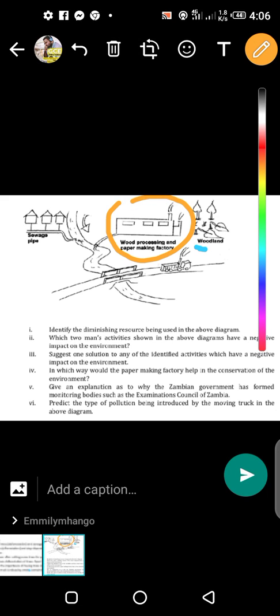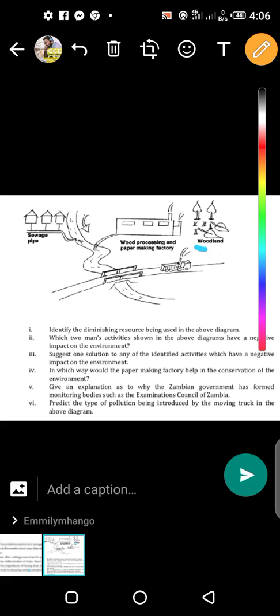So that's the reason why these trees are being cut. When these trees are cut, they are transported to this factory that manufactures paper. So how can the paper industry help in conservation of the environment, in looking after the environment? To conserve means to look after the environment. How do they look after the environment?